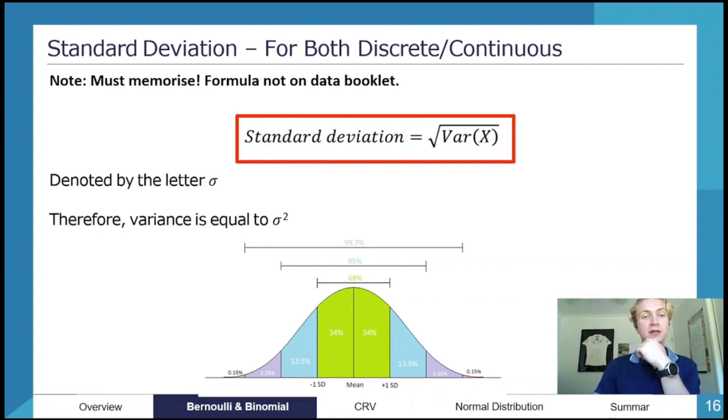Standard deviation is given by the letter, I'm not even sure what that's called, maybe omega or something. But you have to memorize this formula to find the standard deviation because you're given the formula for variance for Bernoulli, discrete, continuous. You're given it for all three of those. However, you're not given the standard deviation formula.